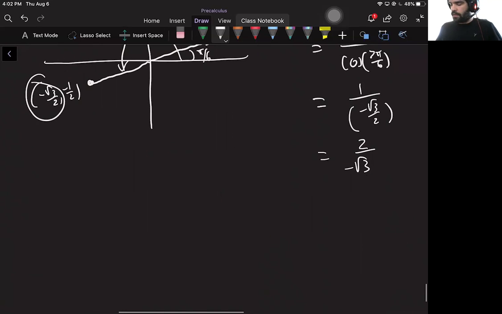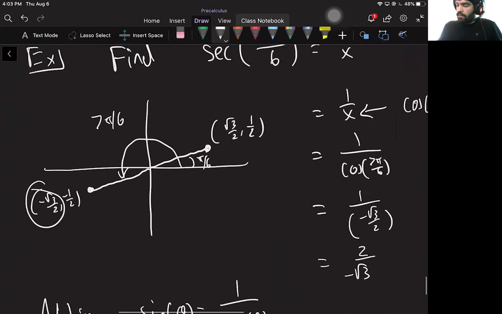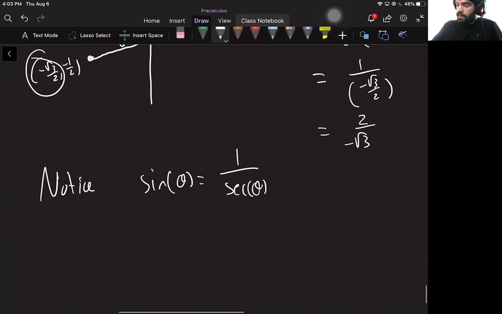So that's another way to do it. Cosine of theta is just 1 over secant. They're flipped over versions of each other. Oh, sorry, that's cosine, not sine. I always get these names mixed up. And then sine is the other one flipped over.